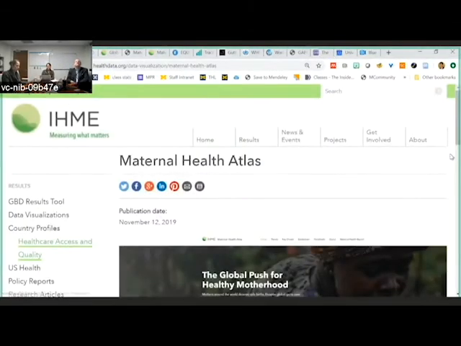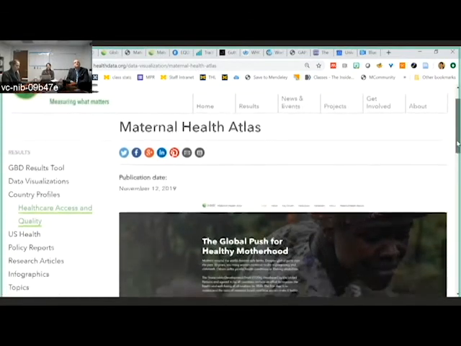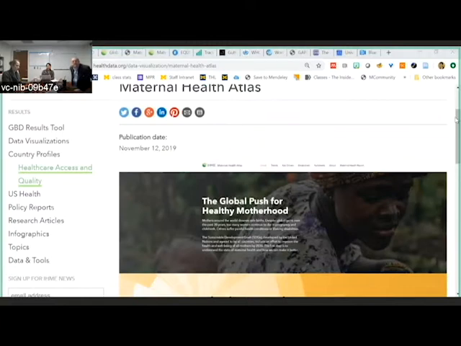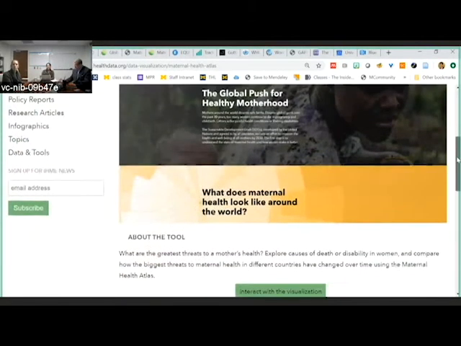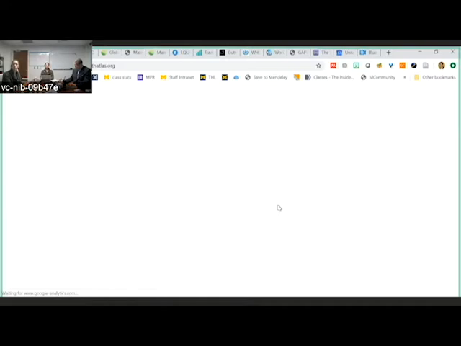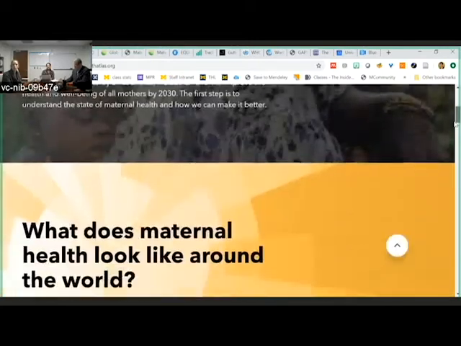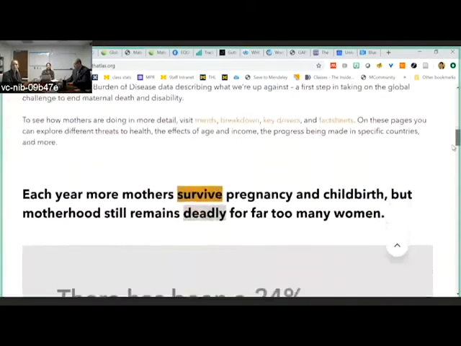This is the Maternal Health Atlas, again from the Institute for Health Metrics and Evaluation, a great source. It gives you a little information about what it actually does. I'm going to go right into the actual tool. The tool is not only a data set, but if you scroll down, it'll start to tell you a story.